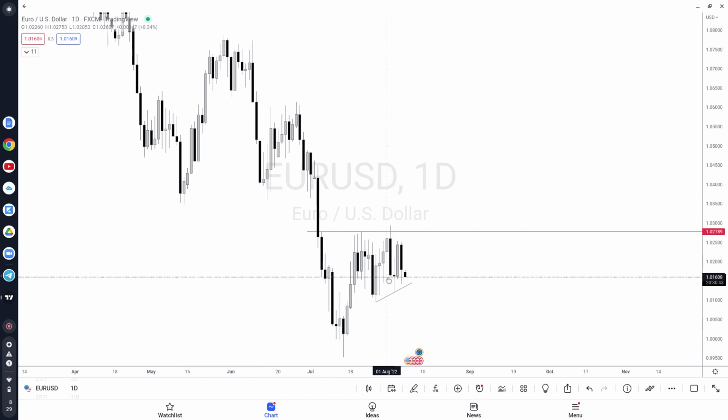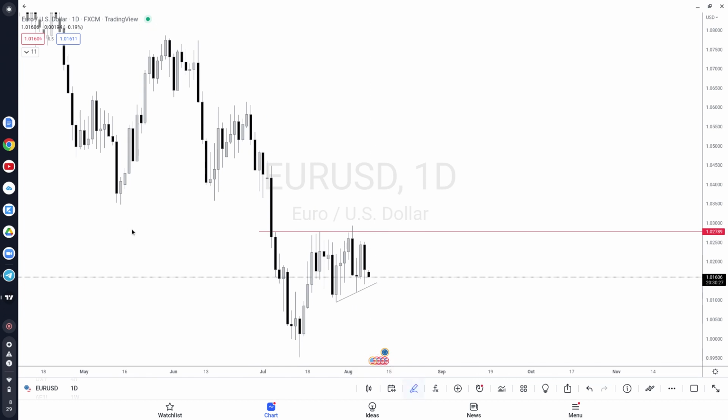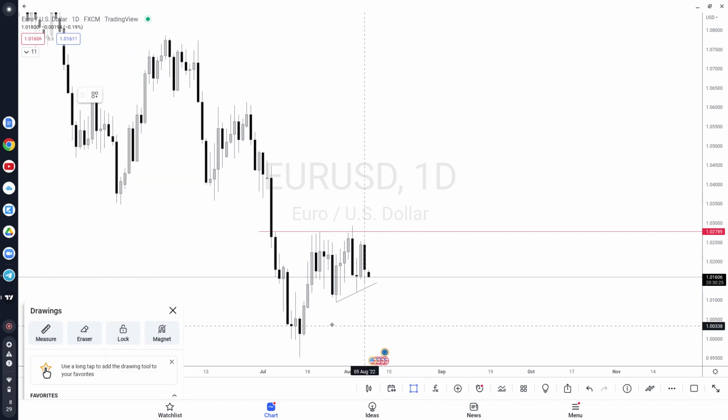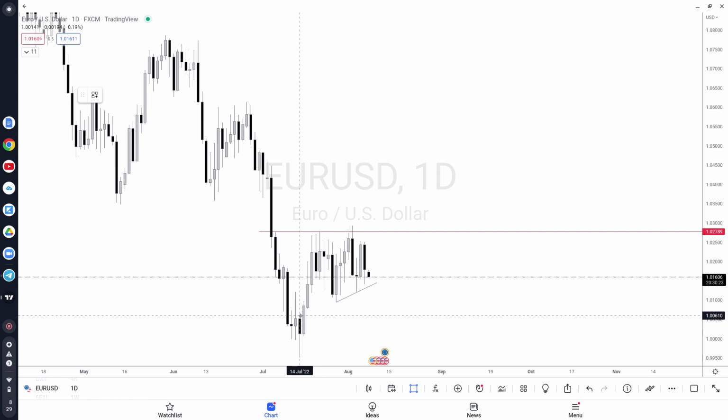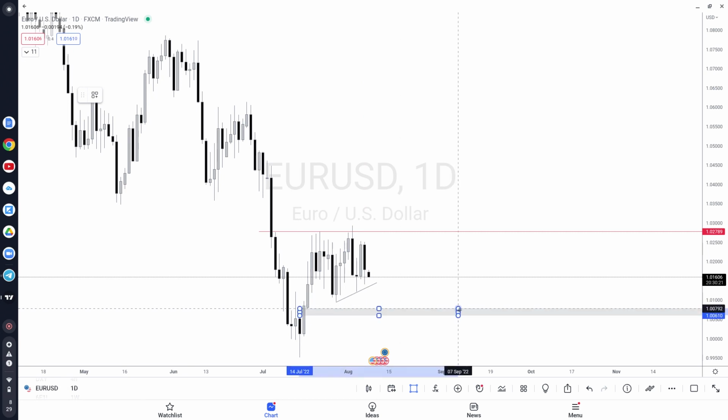Wednesday was somewhat of a continuation, a retracement and a continuation. Thursday was the retracement before NFP into a 4-hour fair value gap in this area, and then price pushed down. So inversely, the inverse of DXY, I'm expecting that this fair value gap here is our draw on liquidity for the week.